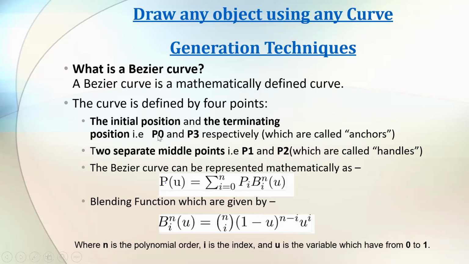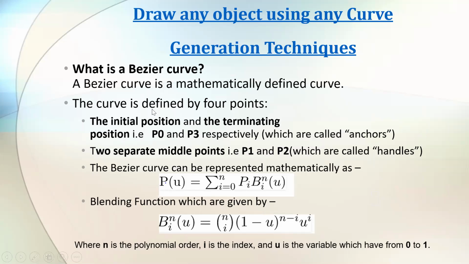Then the first point and the last point might have middle points. It's not necessary to have. It depends on the polynomial function you are using. If you have a cubic polynomial or an n value greater than 3, you're going to have middle points also. The middle points are called handles. Clear?